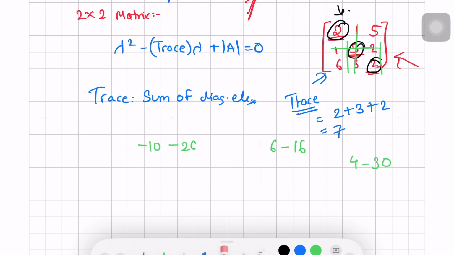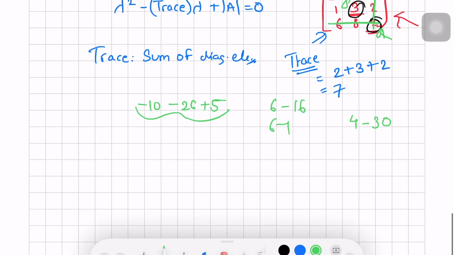Again, to calculate the minor of this 2, you need to just ignore this row and this column. So we'll get 6 minus 1, so 6 minus 1 will give us 5. Adding these will give us the sum of minors of diagonal elements.